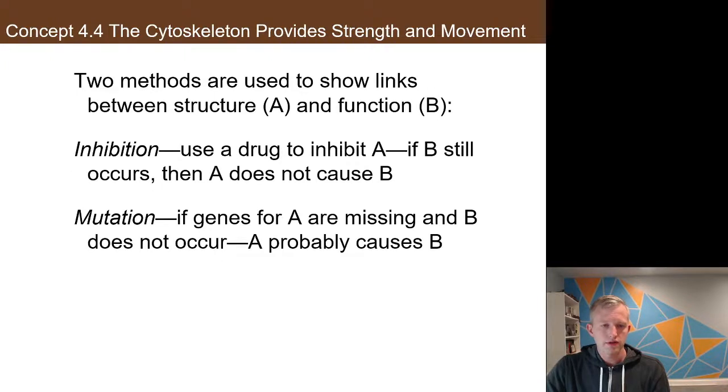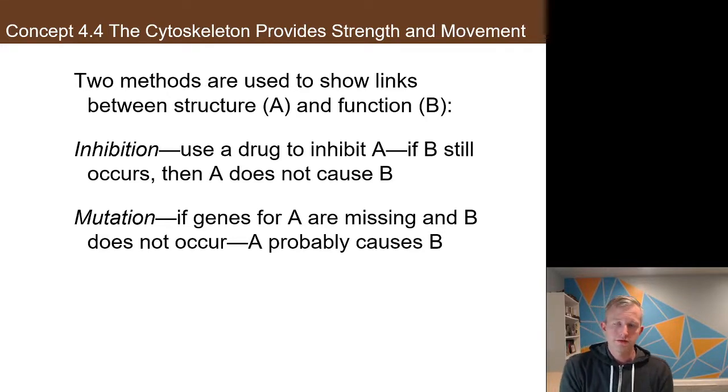And so there's a couple methods that they talk about, one being a method of inhibition, where you inhibit the production of a protein inside of a cell using various drugs or artificial or natural inhibitors to prevent the creation of that protein.